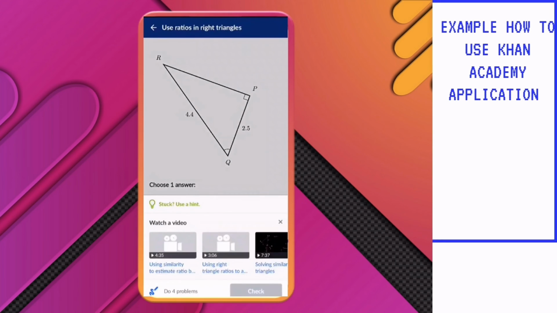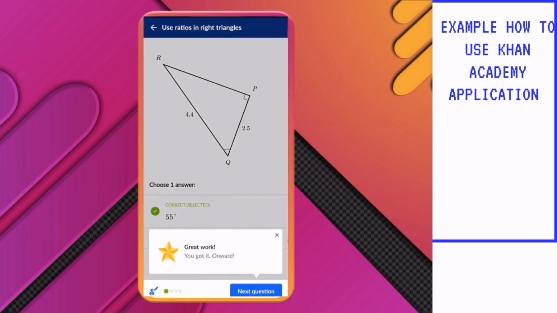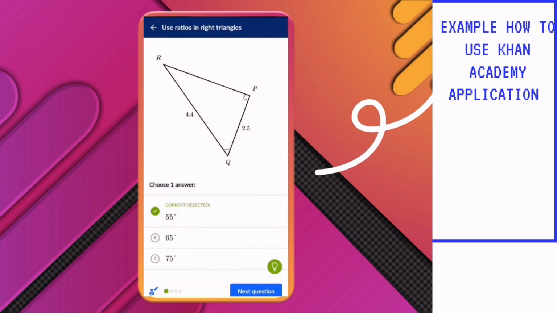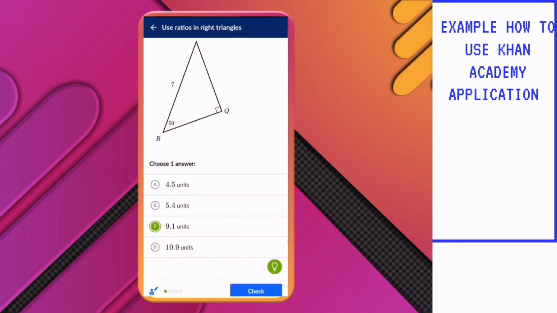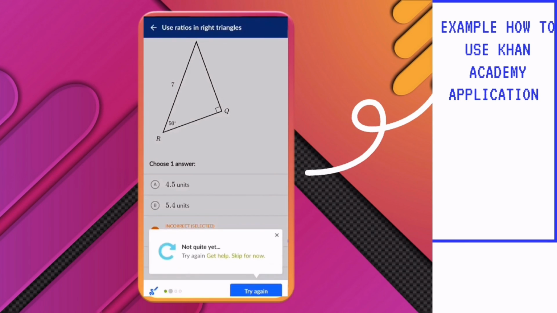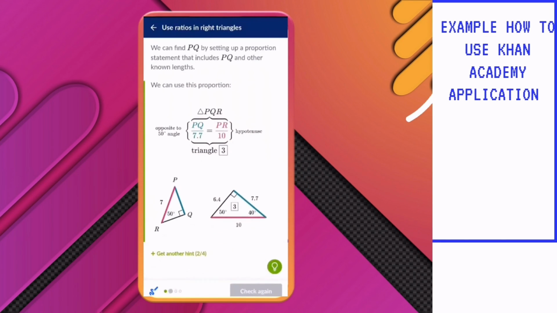If the user wants a hint, click the lime green button to watch a video explanation of this question. If the answer is incorrect, this application will explain why the answer is wrong and give some hints for the question, such as a video and notes description.